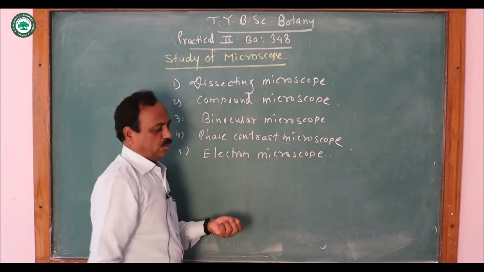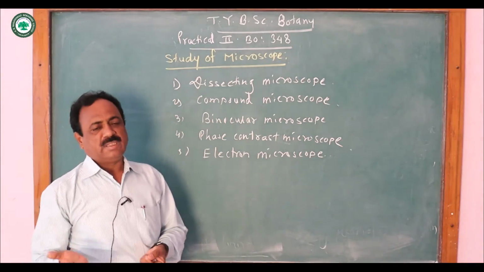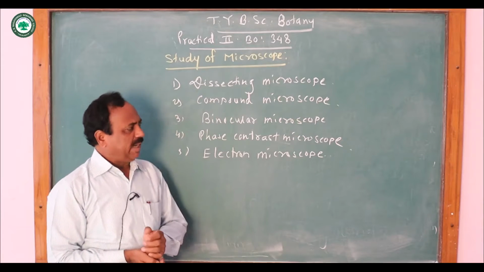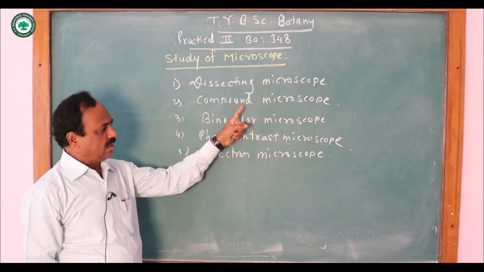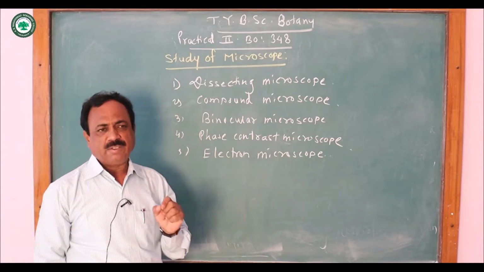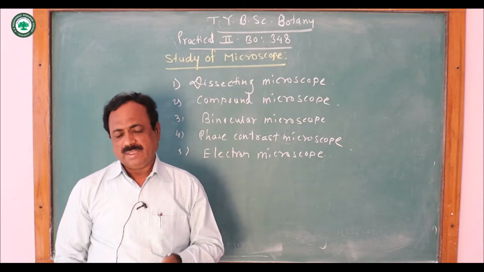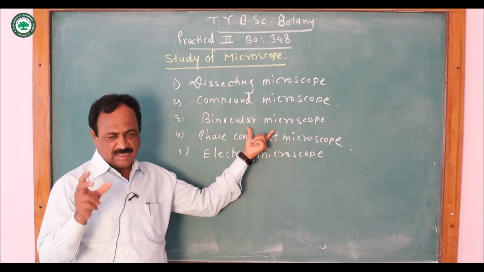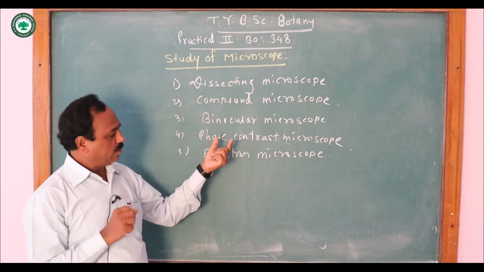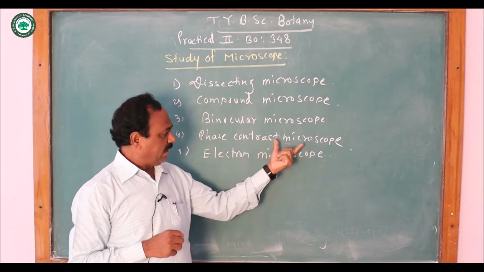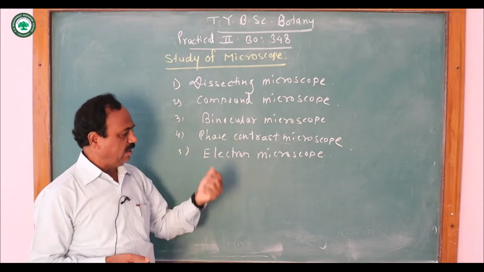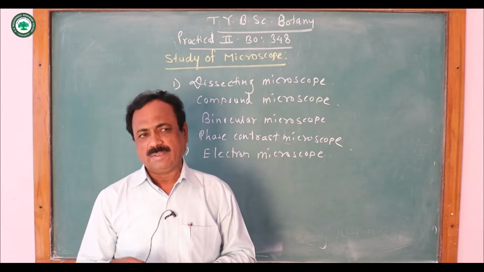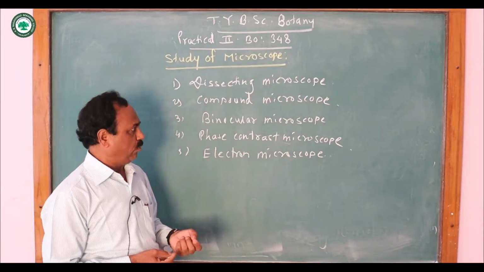So there are so many types of microscopes which are commonly used in biological study. Out of that, the dissecting and the compound microscopes are very commonly used in the laboratory. The binocular microscope is also used; it has 2 tubes. The phase contrast microscope is an advanced one. The electron microscope is used to study microscopic organisms like viruses, bacteria, and so on.